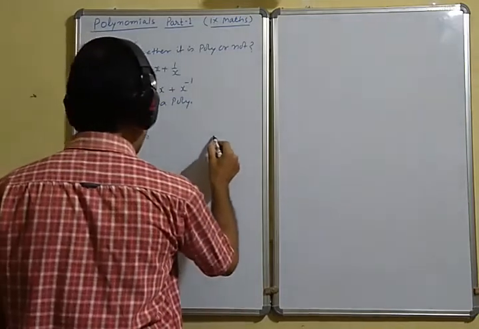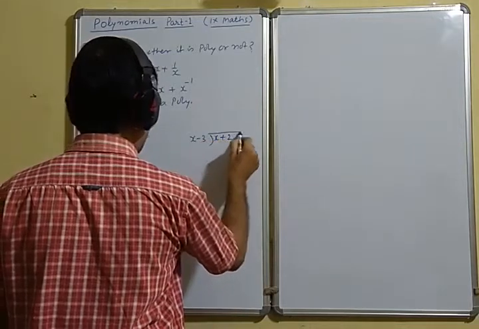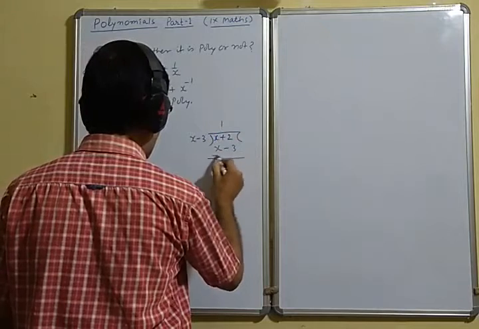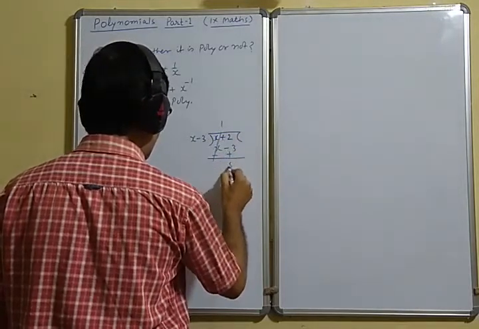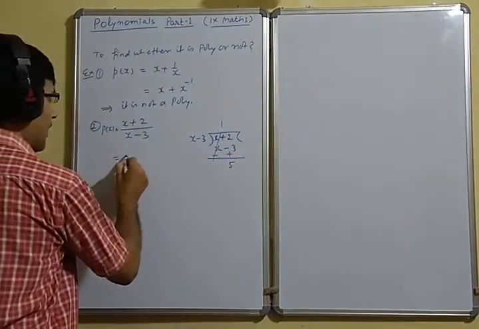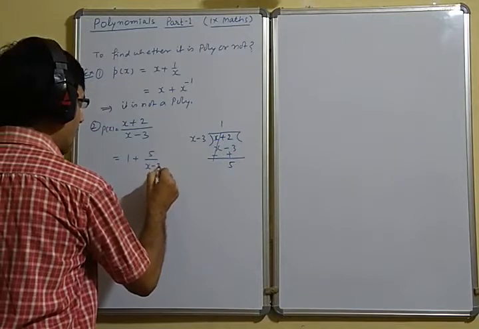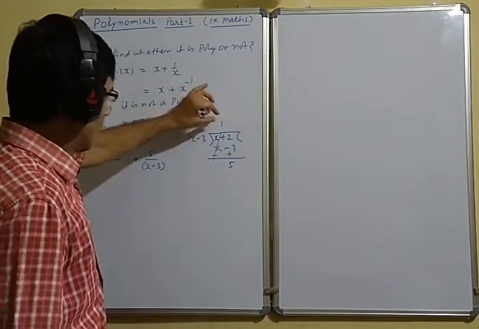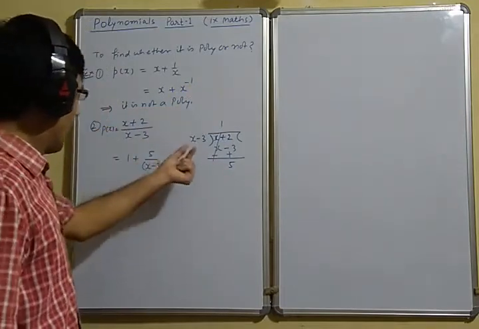Dividing x plus 2 by x minus 3, the quotient is 1, and the remainder is 5. So we can write it as 1 plus 5 upon x minus 3.